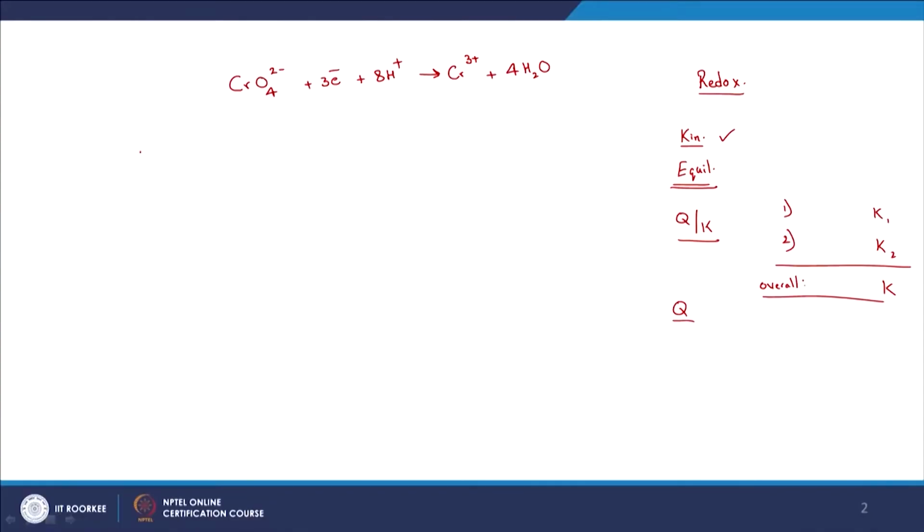Then we started looking at a different approach, something we haven't looked at yet: the reduction potential, or the PE. In this context, we first looked at how to get at that PE.